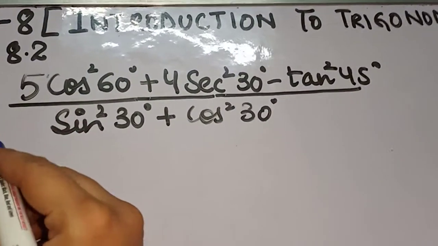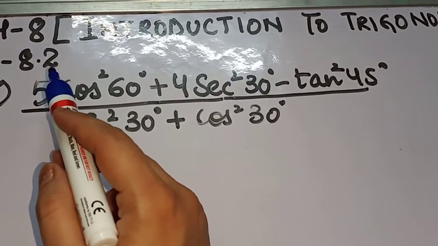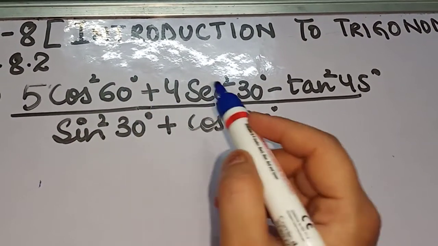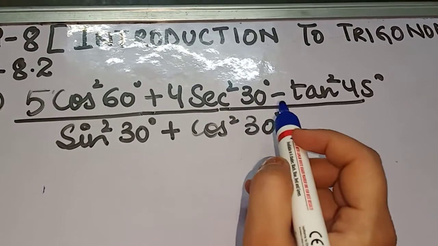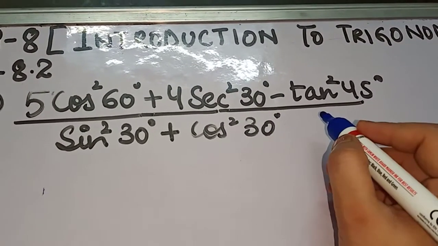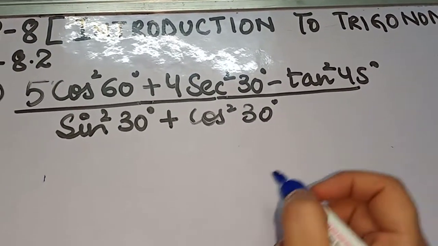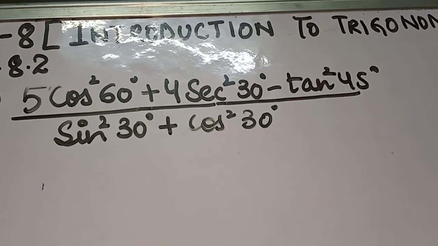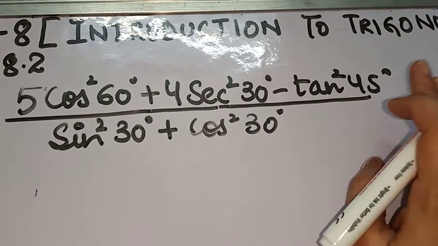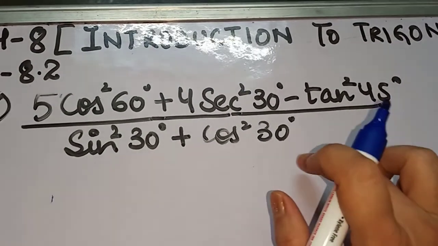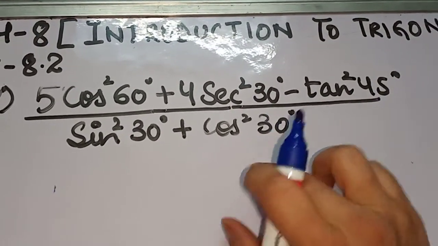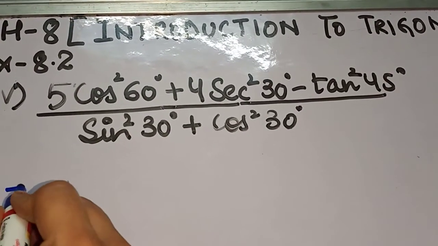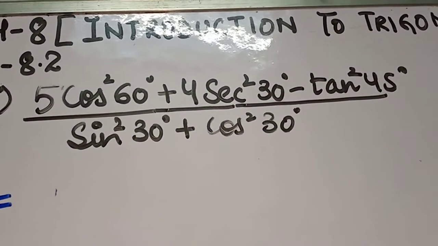It's the fifth part of question number 1 of exercise 8.2, that is 5 cos square 60 degree plus 4 secant square 30 degree minus tan square 45 degree upon sin square 30 degree plus cos square 30 degree. This is also the same as the previous part, but here we have squares. First of all we have to put the values of all these trigonometric ratios.